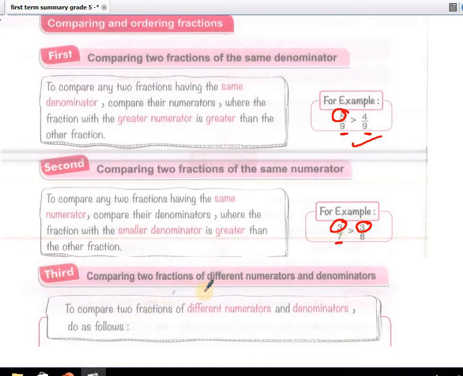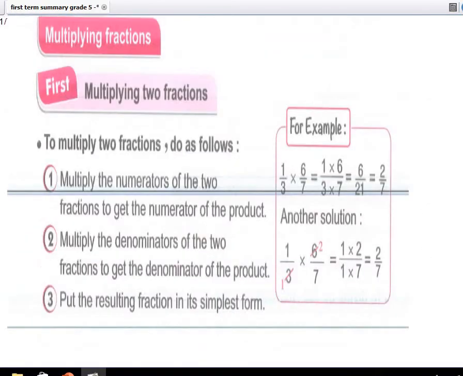Okay, comparing the fractions of different numerator, what should I do? As we said before, they are different, so I have to go with cross multiplication. Okay, and here I have multiplying fractions. This is very easy, and I know I have 2 steps. First of all, if I have 2 numbers here, I have to multiply the numerators together and then the denominators together.